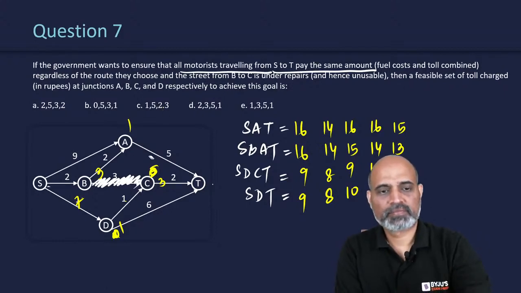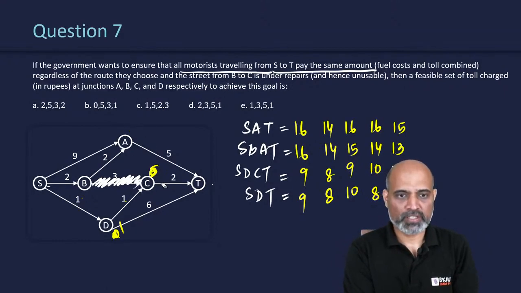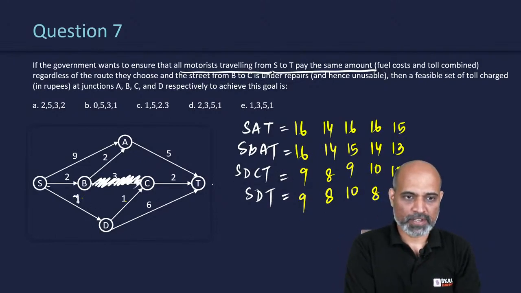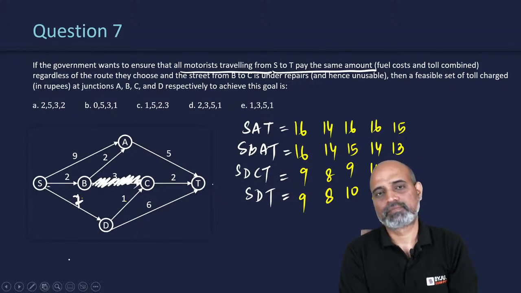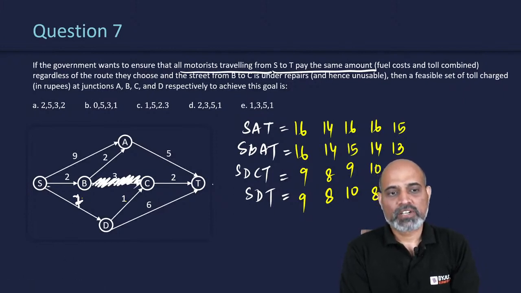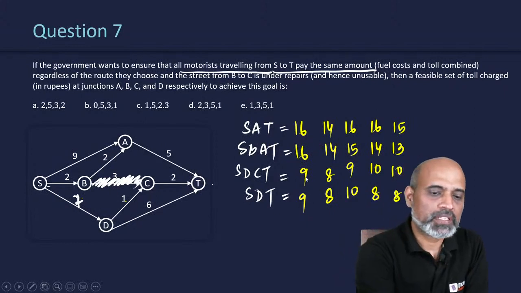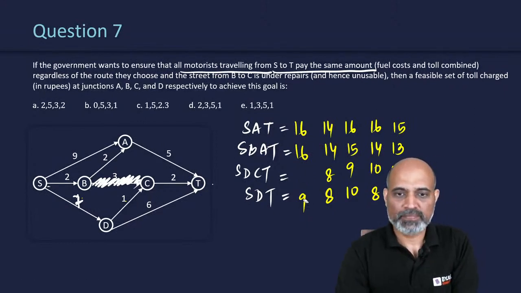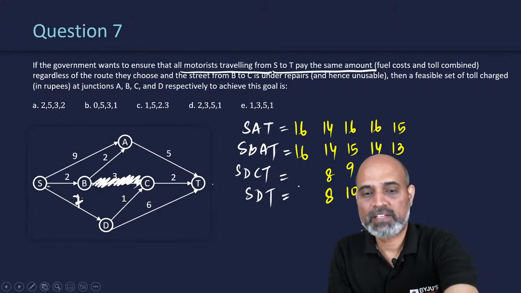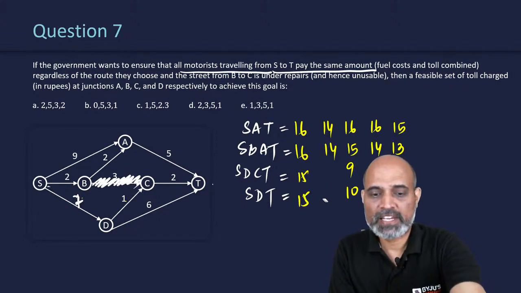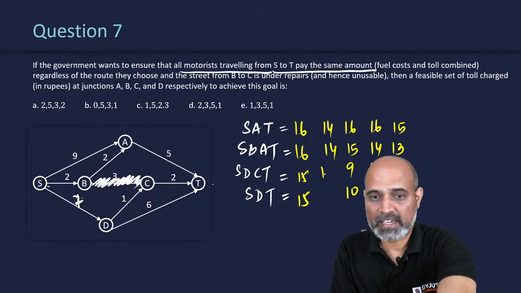Okay. So the typo in the question is, this one is 7 and not 1. So if we make 1 into 7, all these values are going to increase by 6, right? So 9 will become 15, 15. 8 and 8 will increase by 6 to become 14, 14.